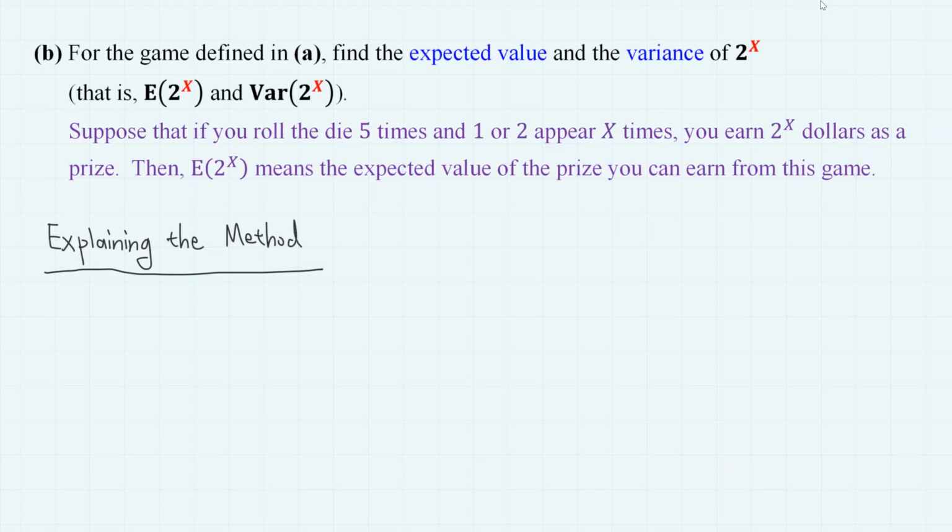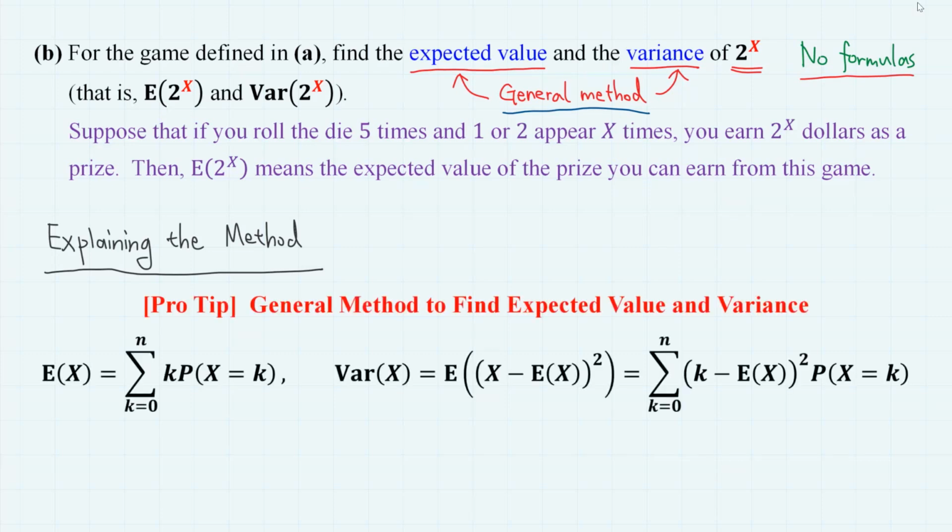But how can we calculate the expected value and the variance of 2 to the power of x? Well, in this case, there are no directly applicable formulas. So we have to use the general method to calculate the expected value and the variance. The general method to find the expected value is as follows. Here, k indicates the values that our random variable x can have, in this case from 0 to n.